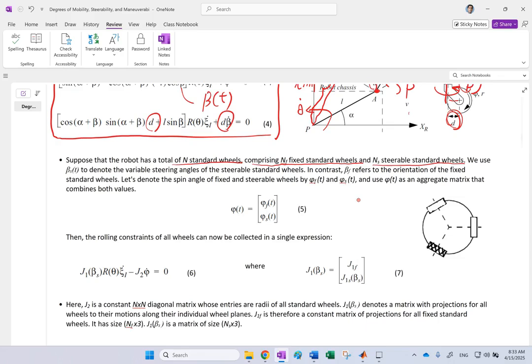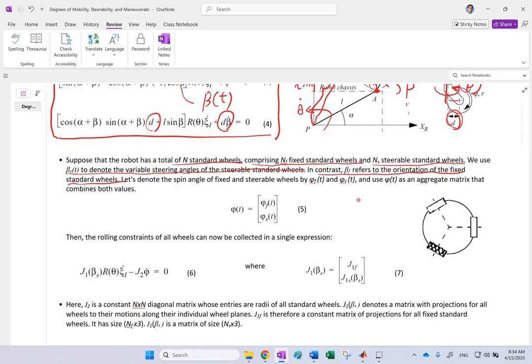For now, let's just focus on steerable and fixed standard wheels. Beta f we use to show the orientation of the fixed wheels, and these are constants. On the other hand, beta s of t shows the variable steering angle of steerable standard wheels.